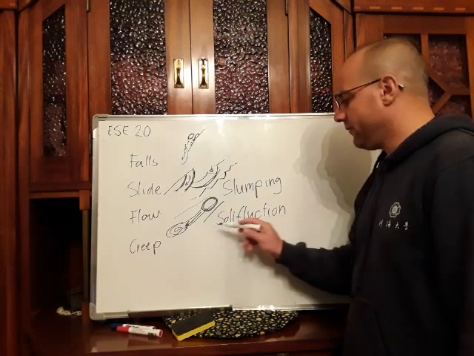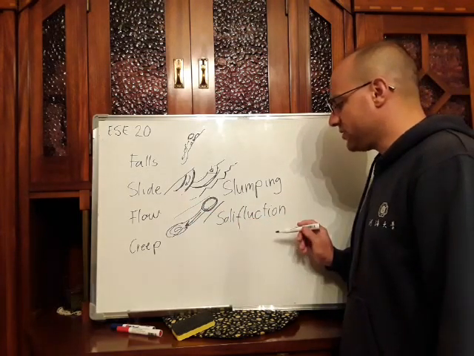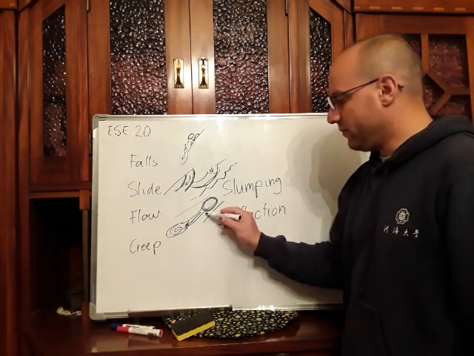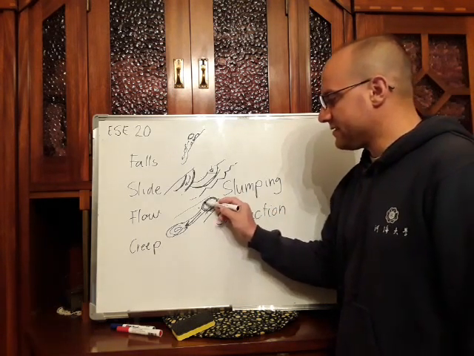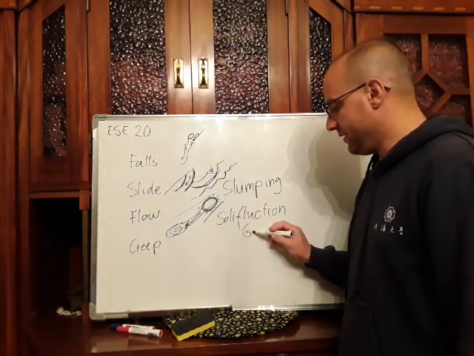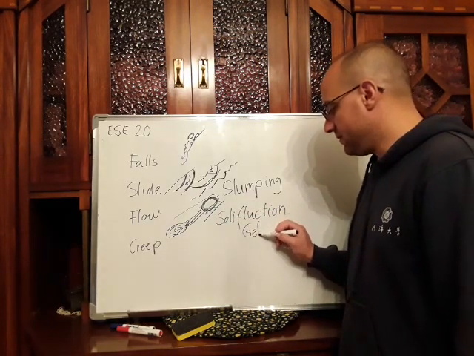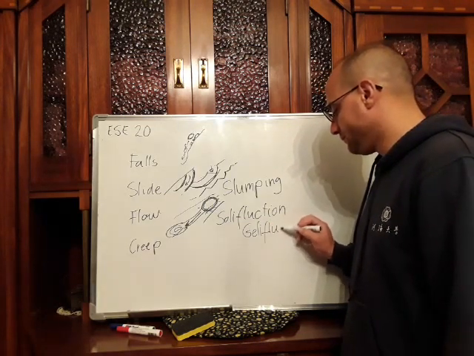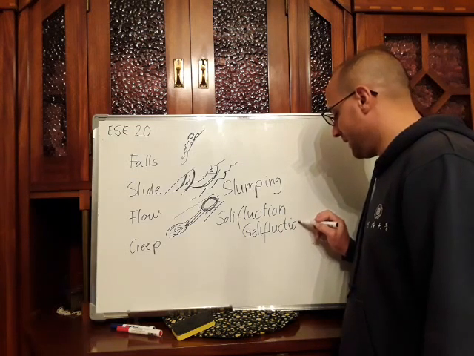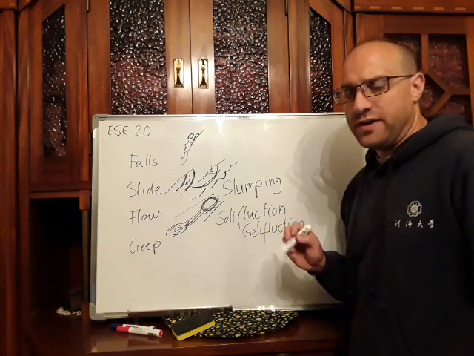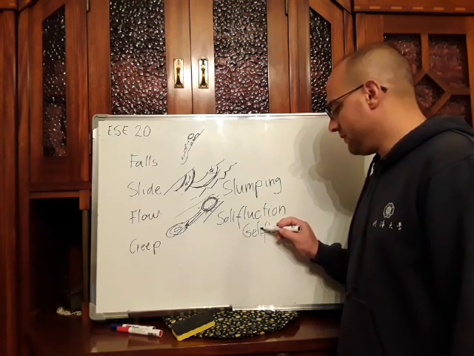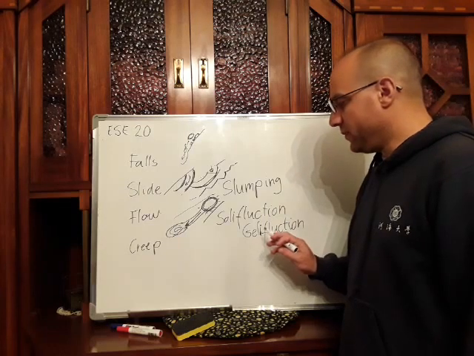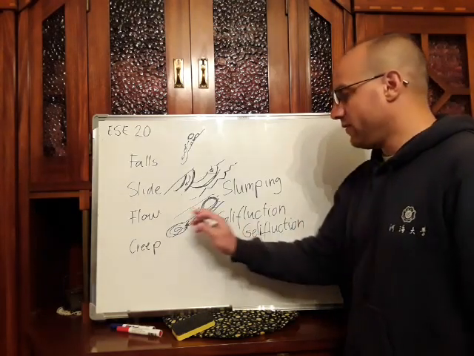So a slow form of flow would be solifluction, or when we are speaking about how the permafrost or ice-covered surface would be behaving, that would be gelifluction. You may find both names, solifluction or gelifluction, being used. So that would be the slower form of the flow.